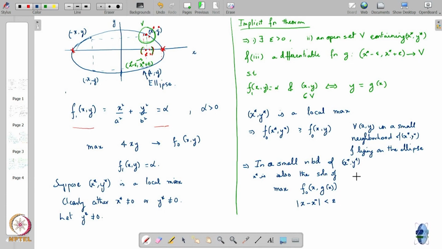You can look at this particular optimization in which y has now been substituted for as g of x, and you are optimizing only over x. So for small enough epsilon, your original x star will also be the optimal solution of this problem. Okay. So, what kind of problem has this become?